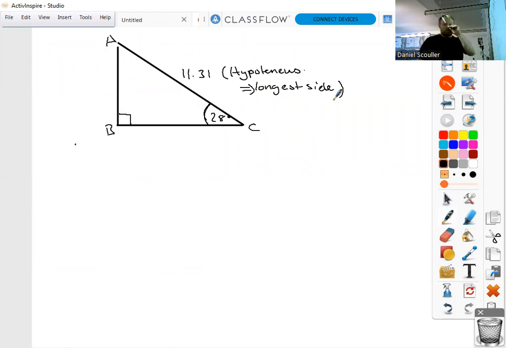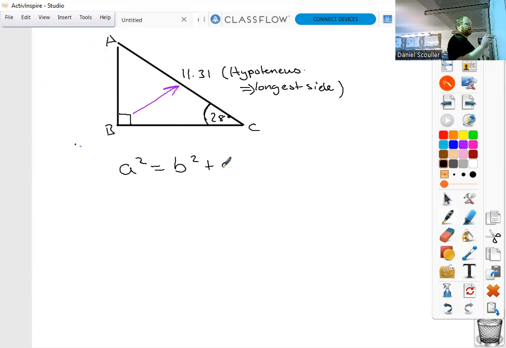The hypotenuse, the longest side in a right angle triangle, is always opposite the 90 degrees. Okay. So you don't get given the right angle rules, you need to remember them.